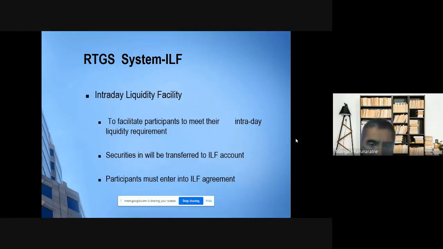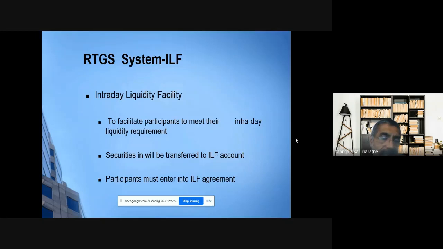This process is very smooth now, not like those days. They have given times when they will debit the ILF. The main thing is to make sure you have funds in the reserve account to debit. That is how it operates.